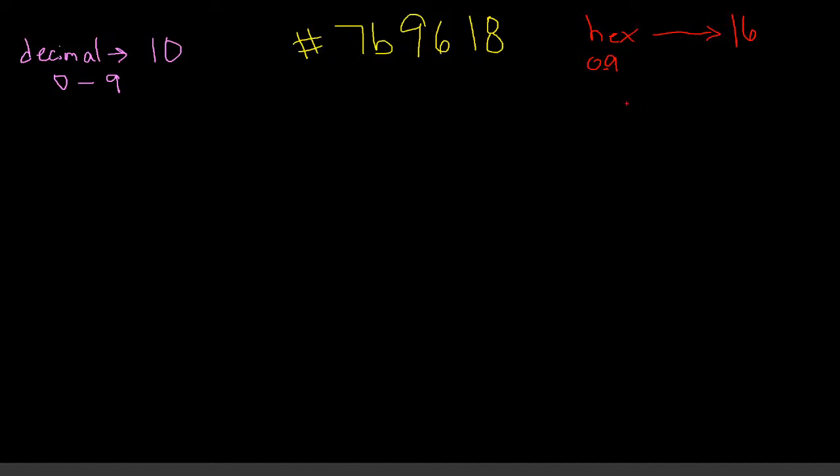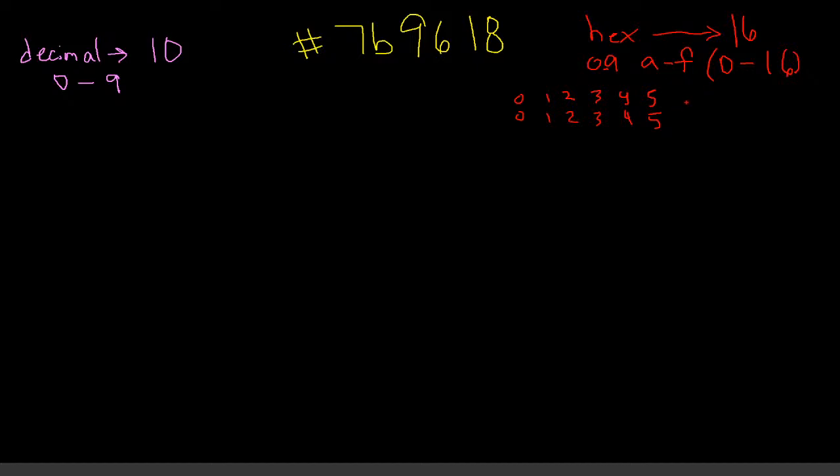And since we don't have new numbers to count with, we continue counting by using A through F. This would be the rough equivalent of counting 0 to 16. If we lay this out, 0, 1, 2, 3, 4, 5, these are all the same if we were to convert them into decimal.